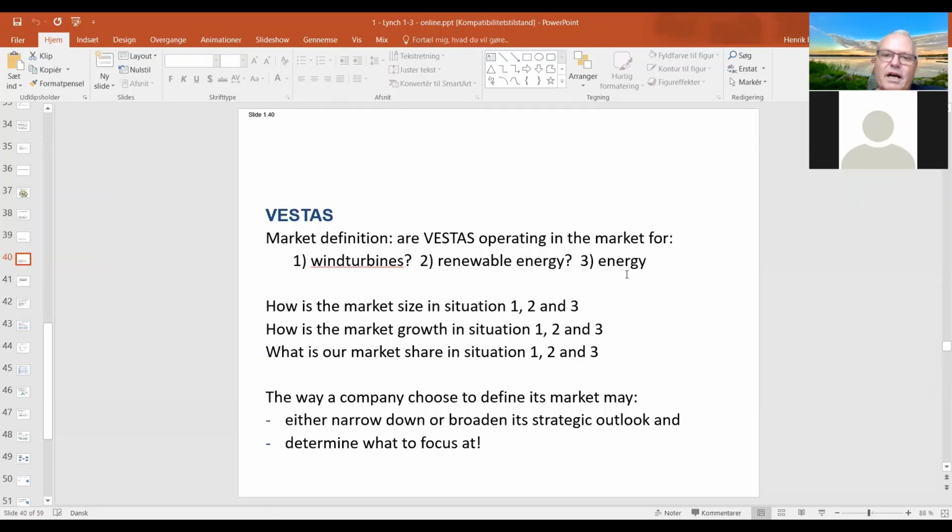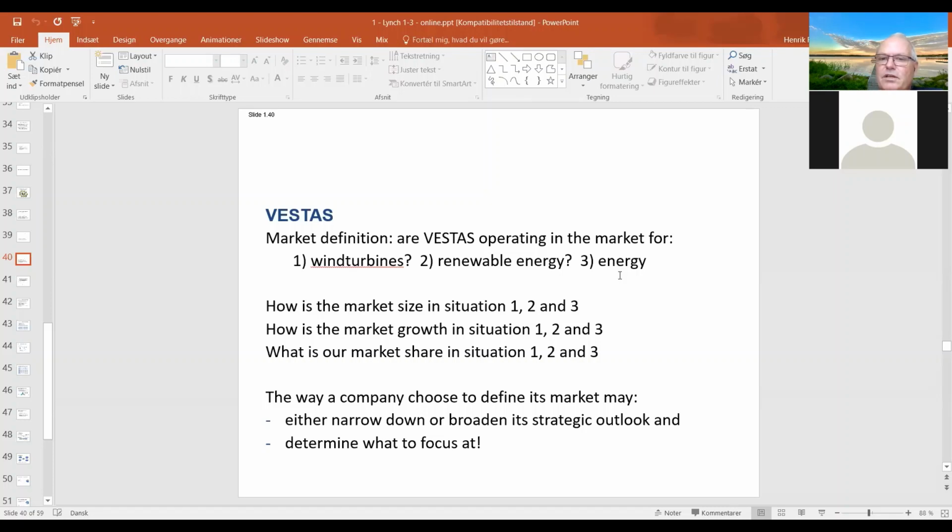So if we are Vestas and we are in the marketing department and we are trying to figure out, for example, our market share, how is our market share if we define our market as wind turbines? Well, it's pretty huge. But what if we decide to say our market definition is the market for energy?